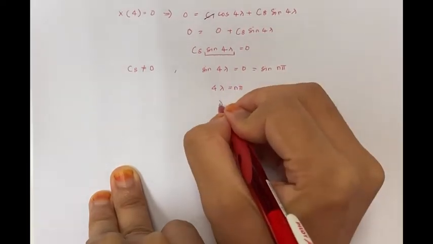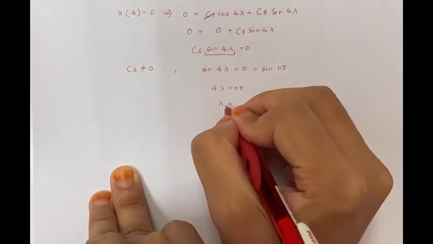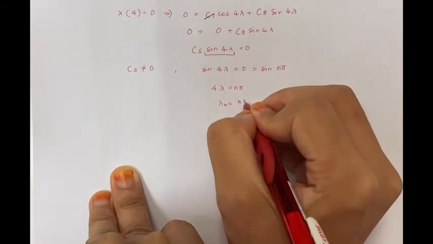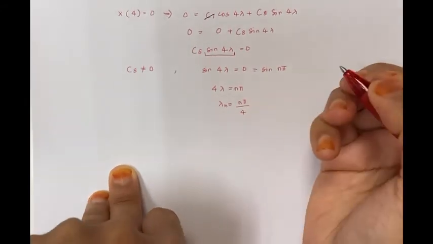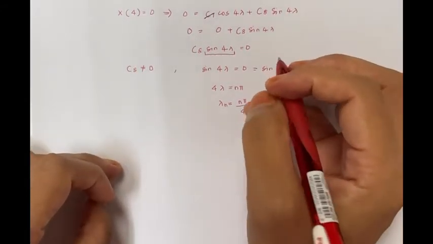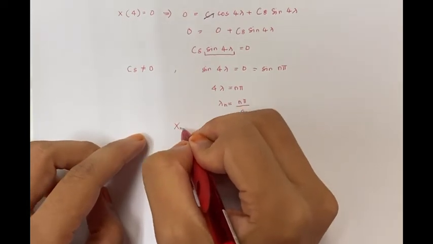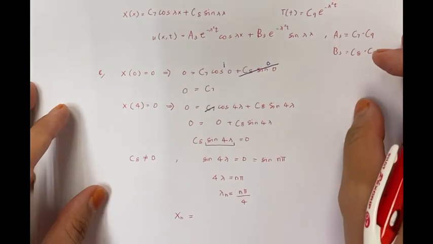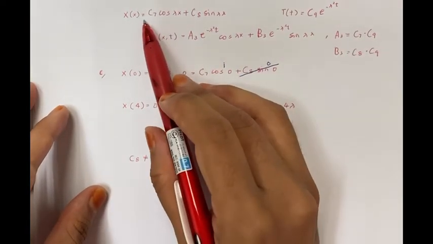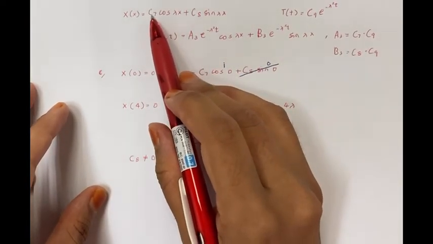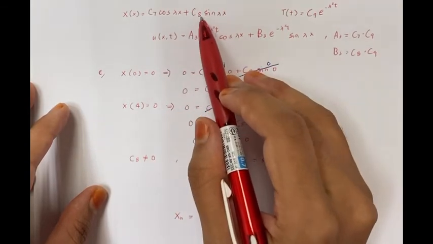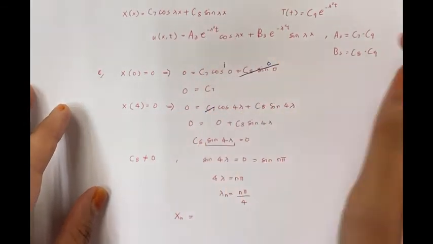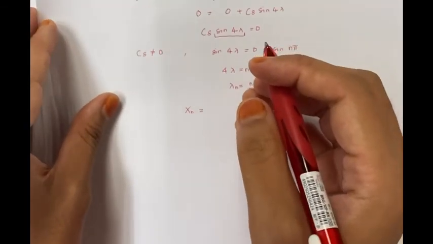So lambda n is equal to n pi over 4. Once you have your lambda n, you need to find the general solution for X by substituting lambda n. Since c7 is equal to 0, you just have Cn sin lambda n x.